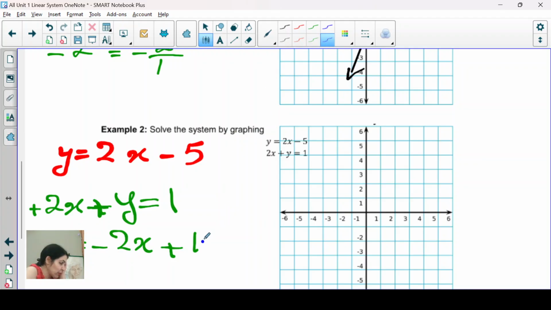The 1 is the y-intercept, and negative 2 is the slope.